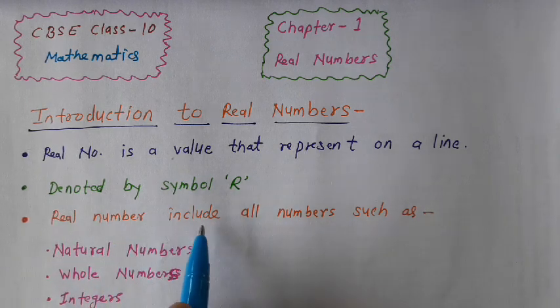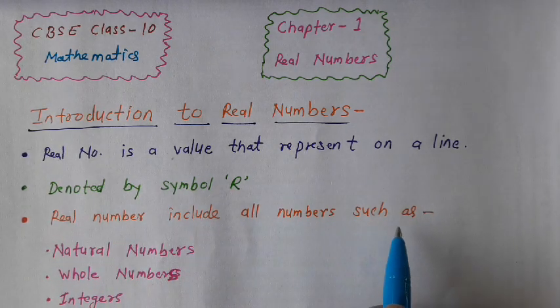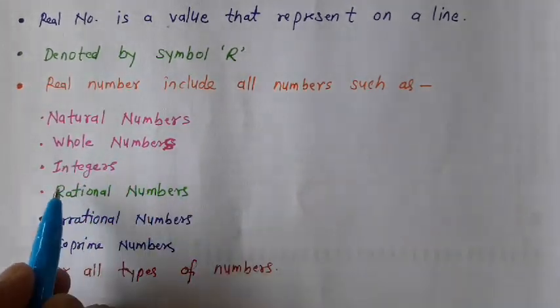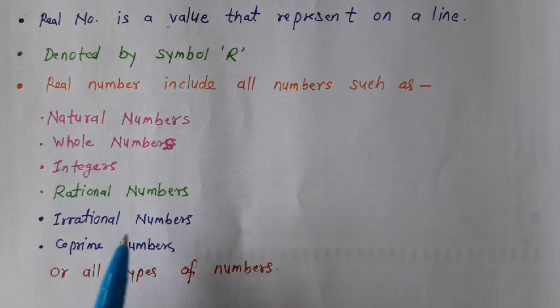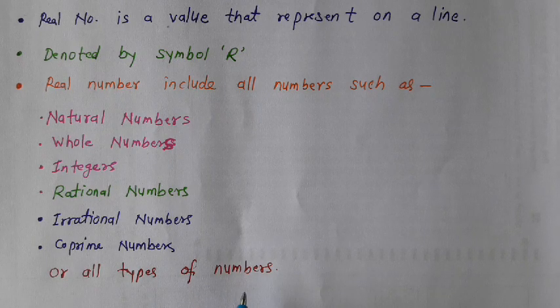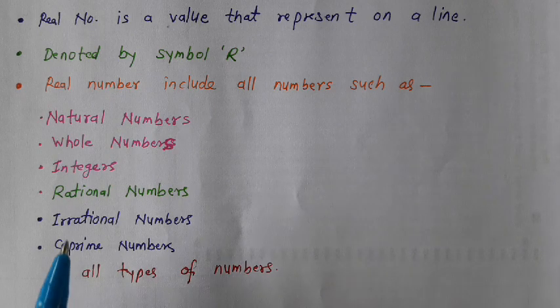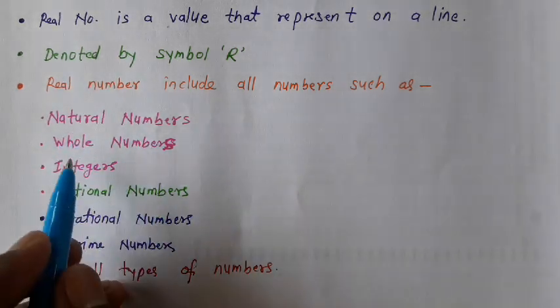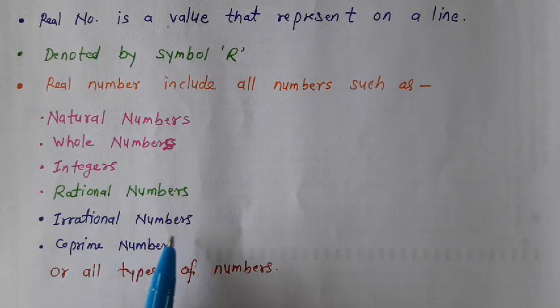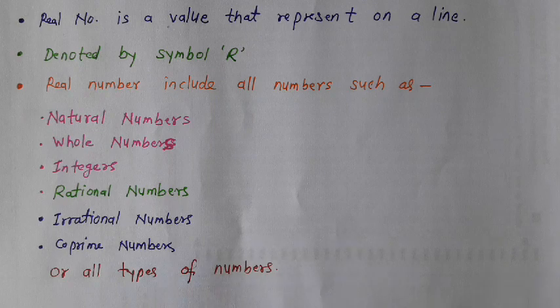Real numbers include all numbers such as natural numbers, whole numbers, integers, rational numbers, irrational numbers, co-prime numbers, and so many numbers, all types of numbers.